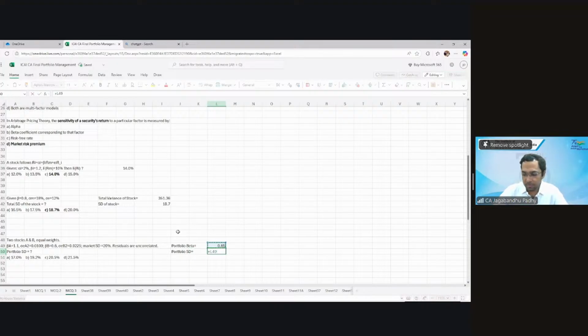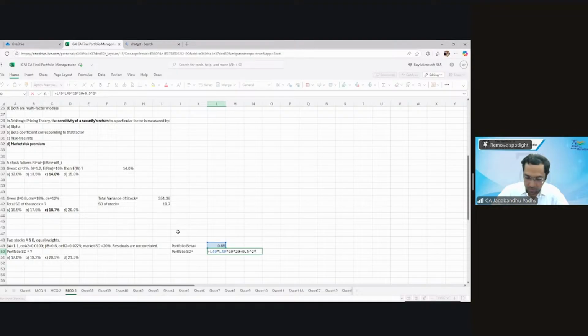Portfolio variance will be beta square into variance of market. So variance of market is basically 20 into 20, because the standard deviation of market is 20, plus 0.5 square into variance of the error term.